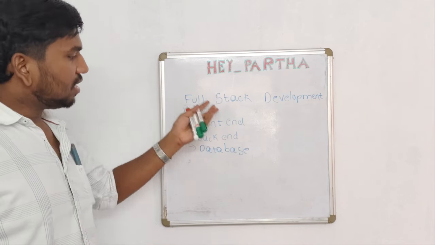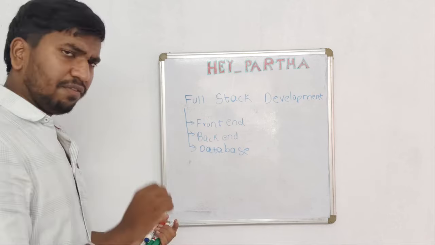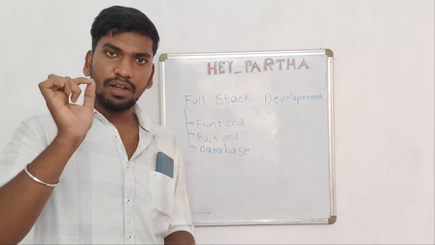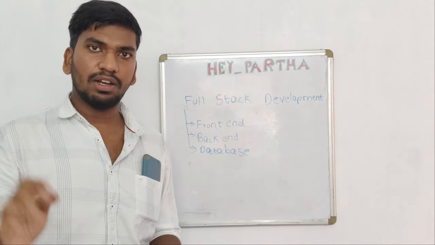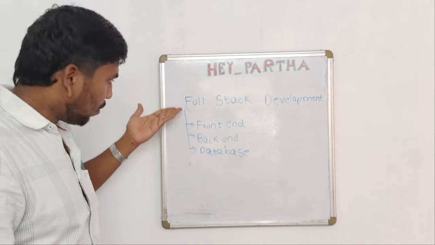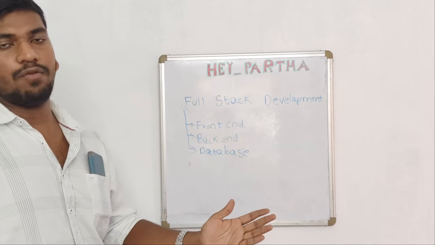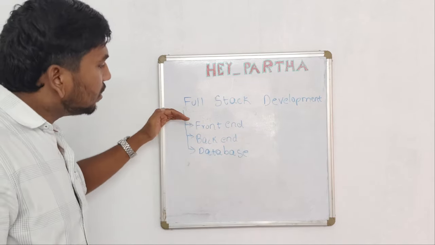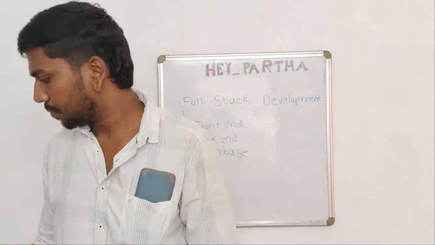Let us understand these three. Every full stack web application will have all these three parts. Precisely, if you have these three, then only it is called a full stack application. So let us learn what these three are first.